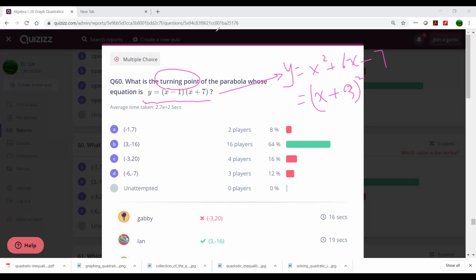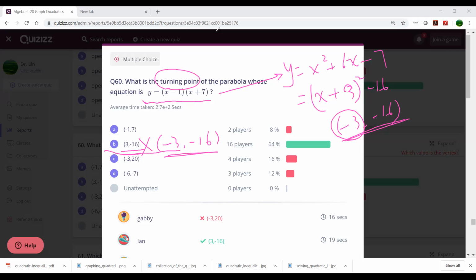Here is 9, 9 minus 9 is -16. Actually, this answer is wrong, all right? It should be (-3, -16). Here the y is -16 and the x is -3, all right?